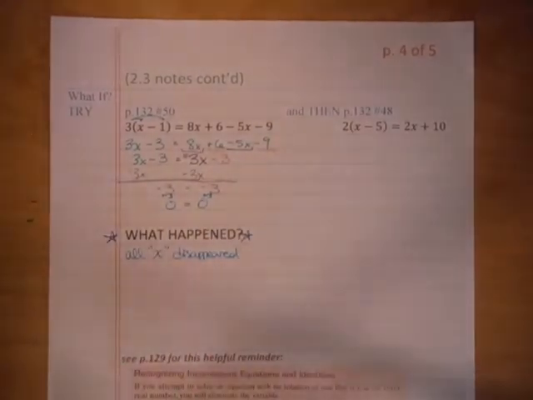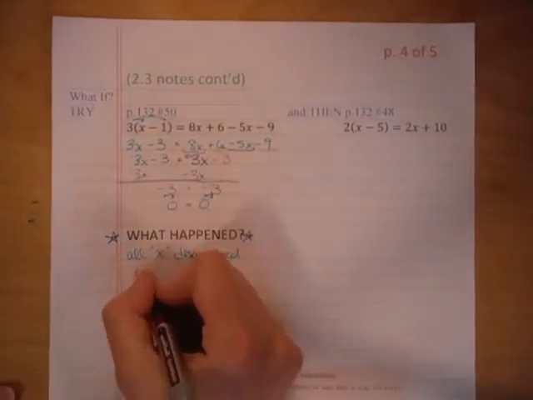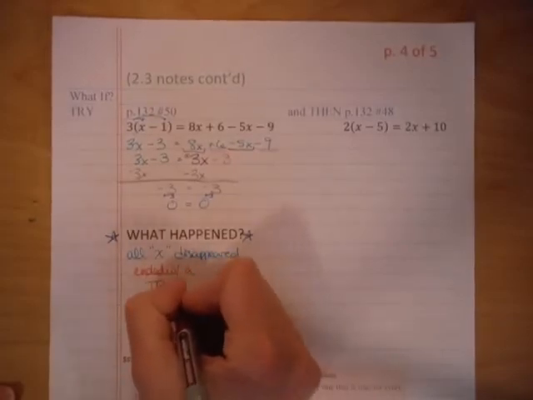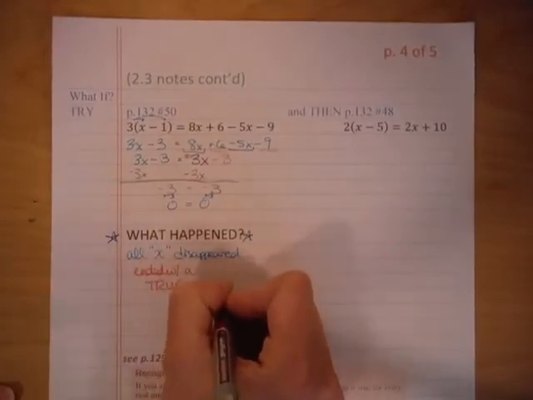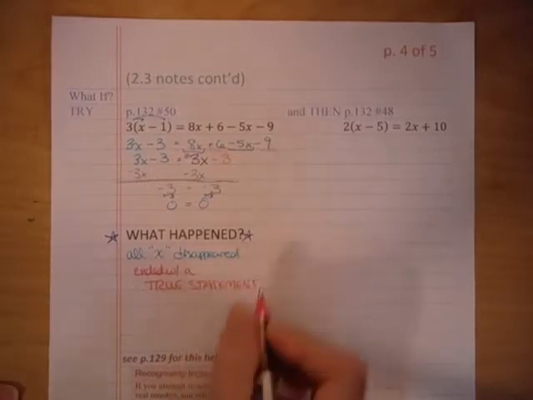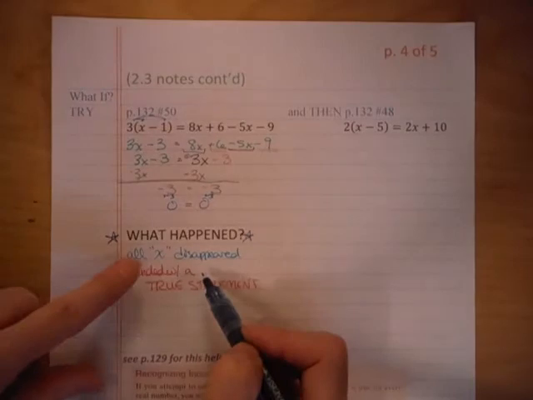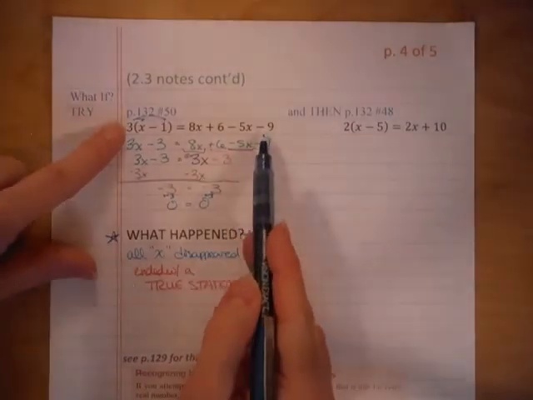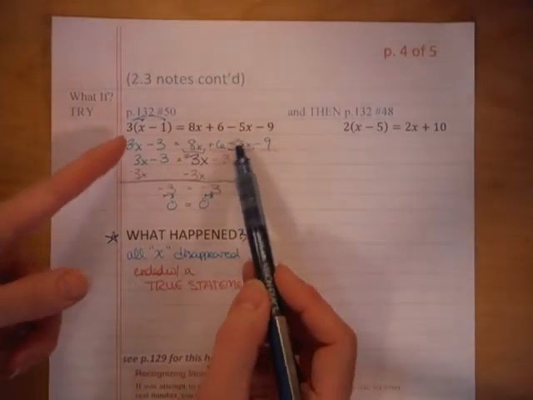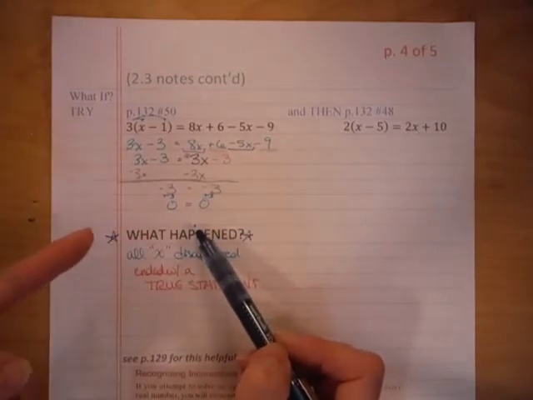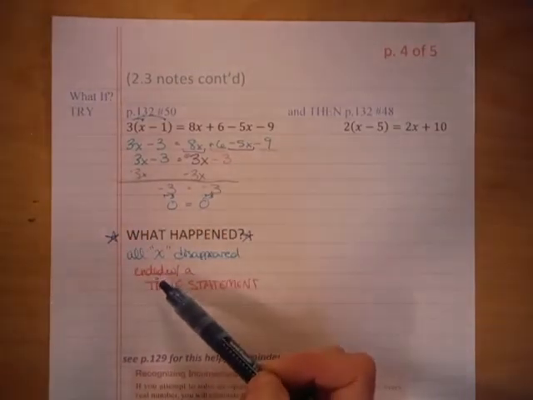We ended up with a true statement. What that means is that no matter what value I put in for x into this original equation, x is always going to fall out as you start to move things around, and you're going to be left with a true statement, which means that x can be anything.